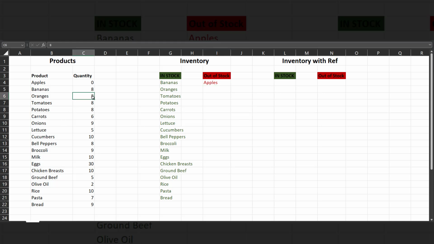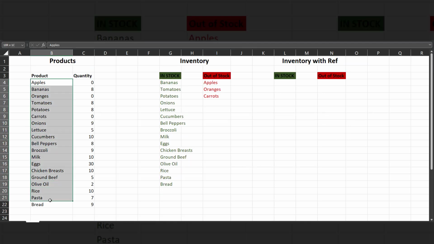So now we have other products like this, our orange is out of stock, so it appears, and carrots. Also, instead of using it this way, we can use a reference. Let's give this particular range a name. So let's name it product, and also let's name this quantity.